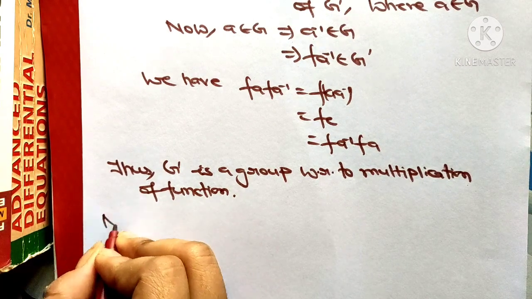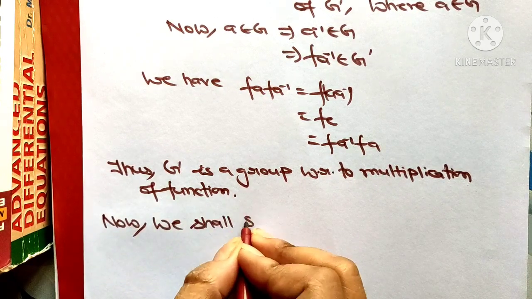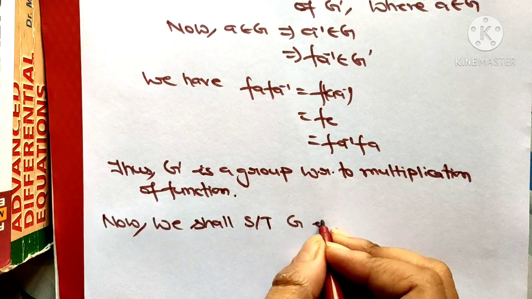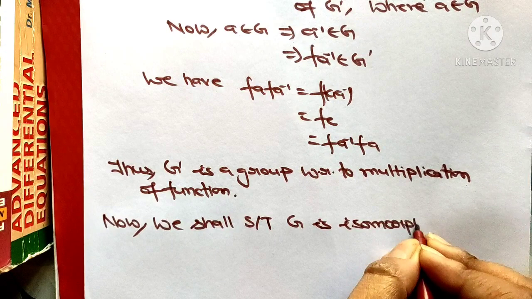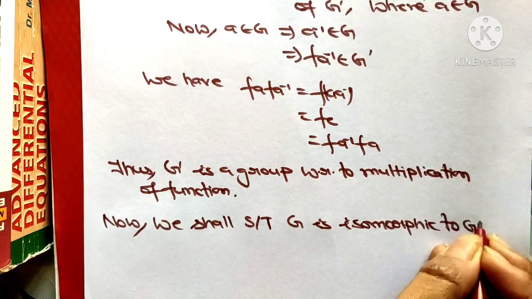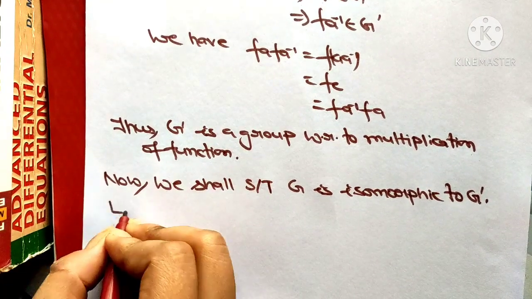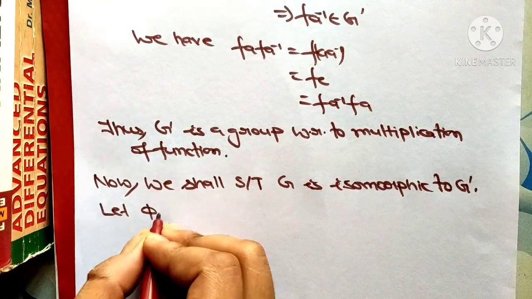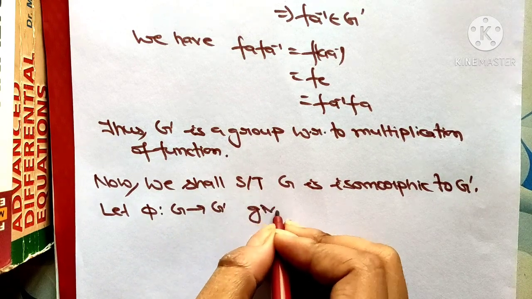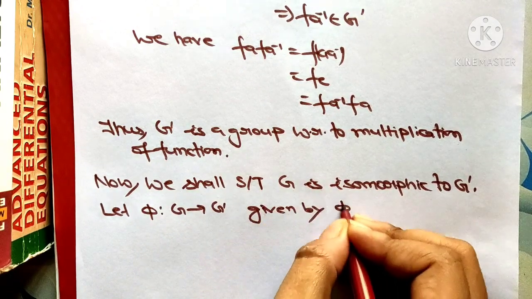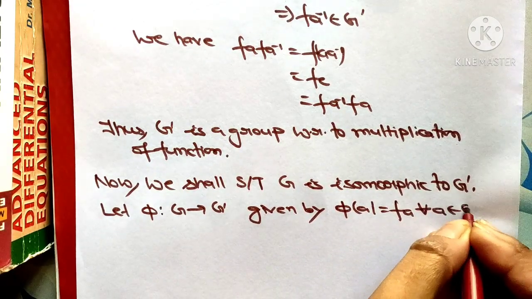So now we shall show that G is isomorphic to G dash. G dash is a permutation group of G. Let phi be a mapping from G to G dash given by phi of A is equal to f of A for all A belonging to G.